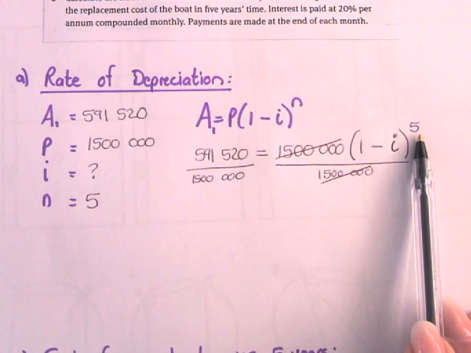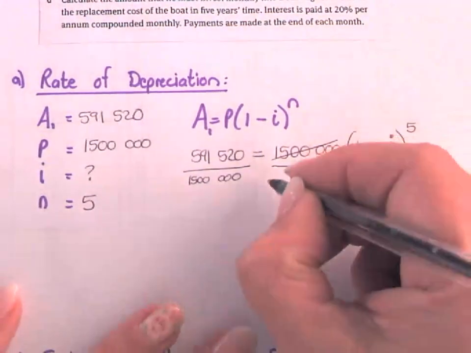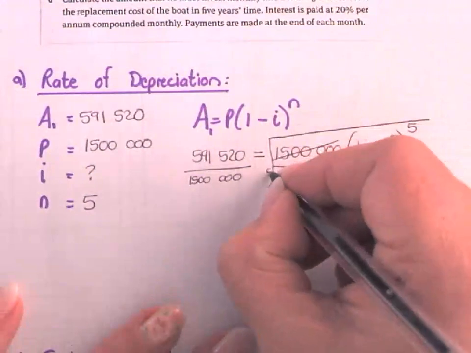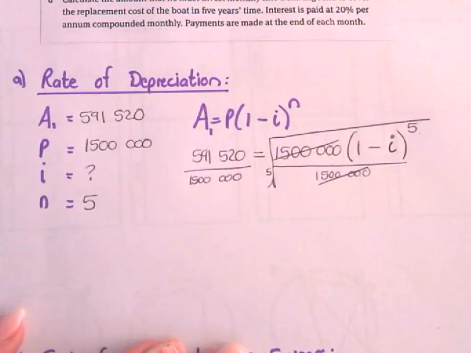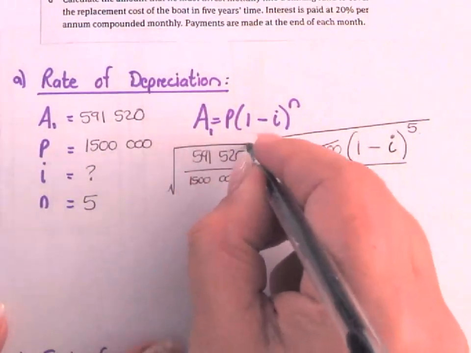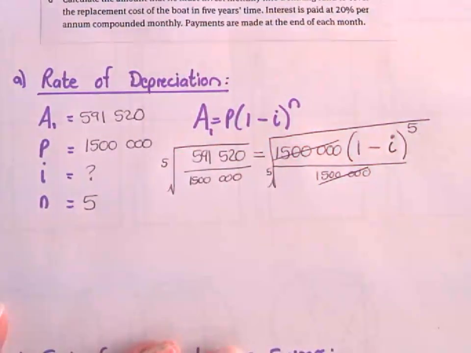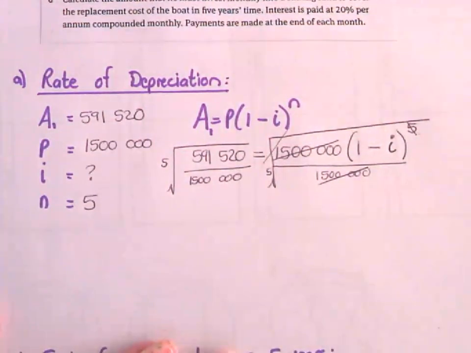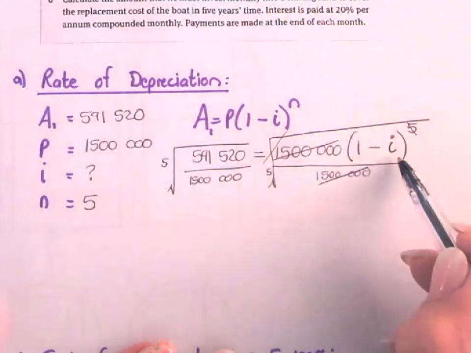How do you get rid of an exponent? You take the root. So I'm going to take the root, the fifth root, and what you do on the right hand side, you must do on the left hand side as well. Now the root and the exponent cancel each other out, and we are left with 1 minus I.